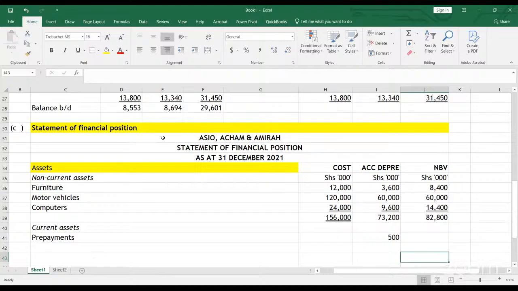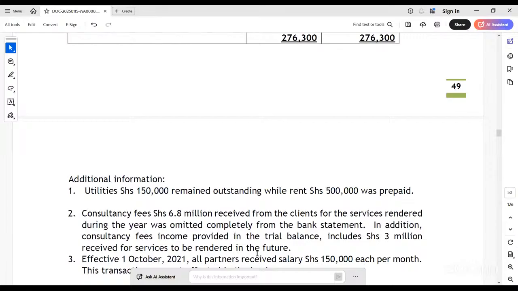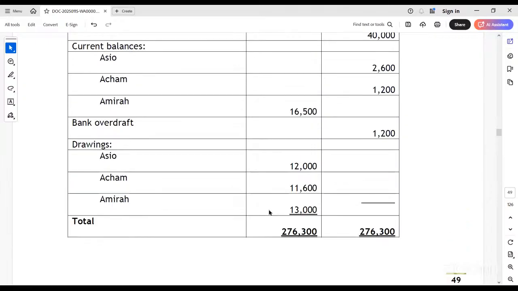Then still we have accrued income. Accrued income is a current asset of the business: income that has been earned but not yet received.